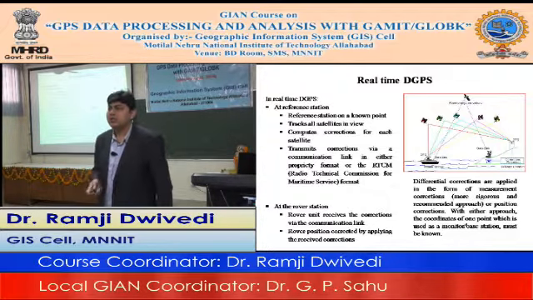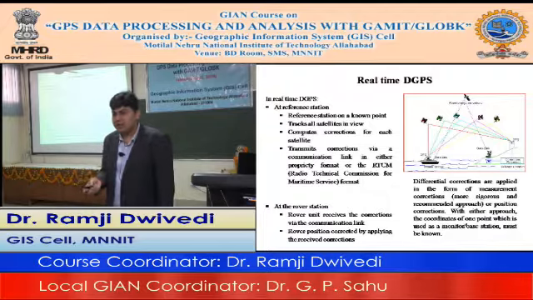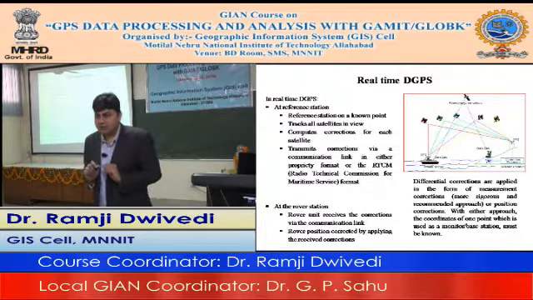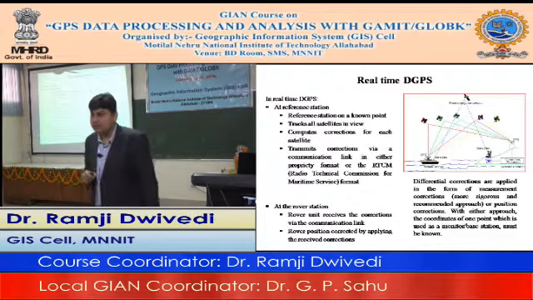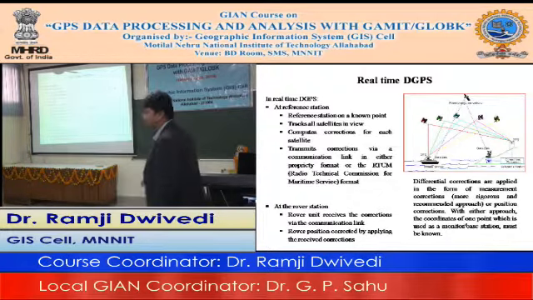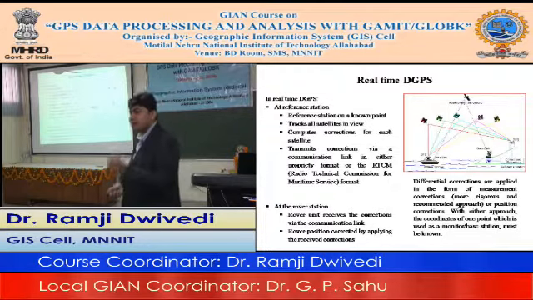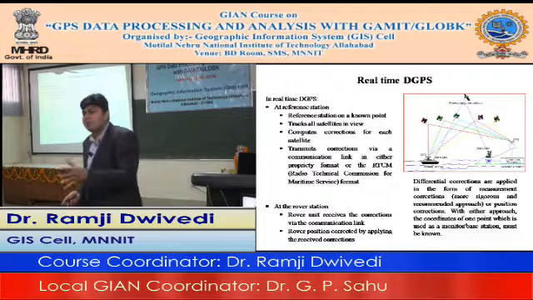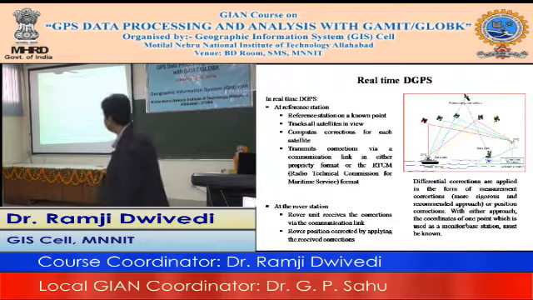Selective availability degrades the ephemeris and clock parameters from the satellite. It's an intentional degradation of these parameters, so you need to avoid those errors. We have seen that if you have certain errors at the satellite clock end, you are prone to have around 10 to 15 meters of error in your range estimates.